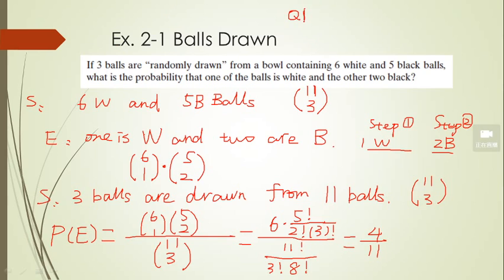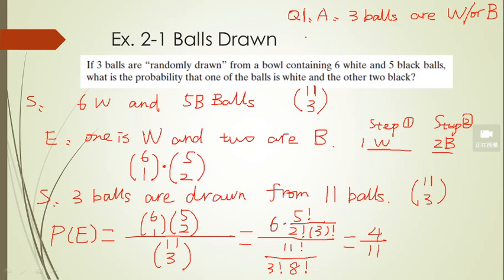So I can define my event A. What is the probability that when you draw, the 3 balls are white, or when you draw, the 3 balls are black? Which means the event when you draw 3 balls of the same color, right?